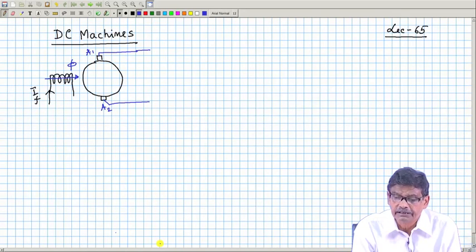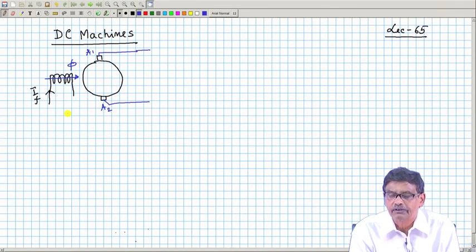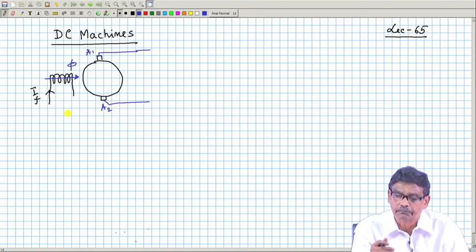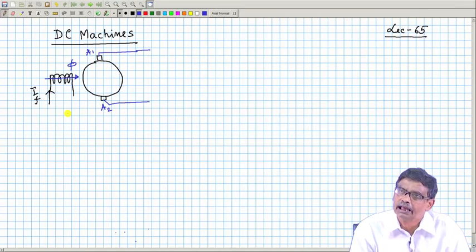But in the case of a DC machine, it is not possible to put the field winding on the rotor and the armature winding on the stator, simply because the commutator action, the commutator and brushes which make DC, will just not be there. With the advent of power electronics devices, very fast switching can be done, where such a thing is possible.